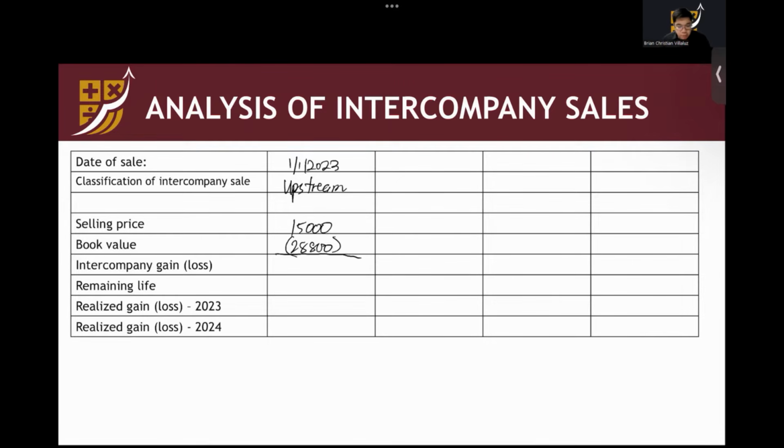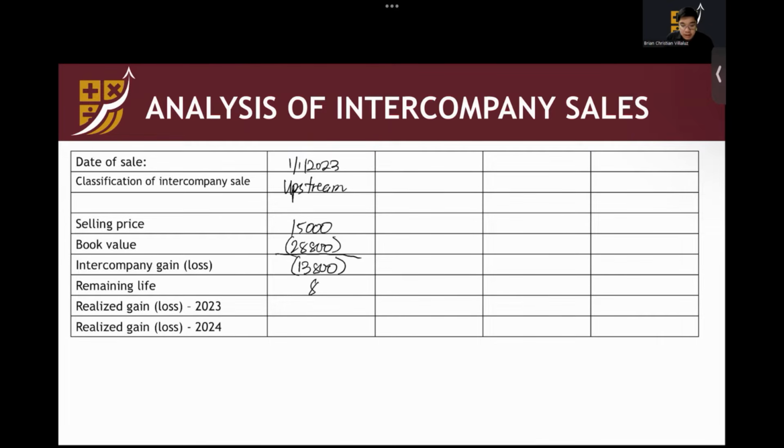Since mas mataas yung book value kaysa sa selling price, alam nating may loss on sale na naganap dito. So the loss is 13,800. Okay? How many years pa yung remaining life nung nabenta dito? 8 years.